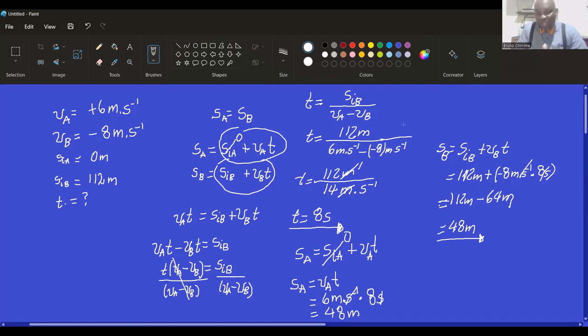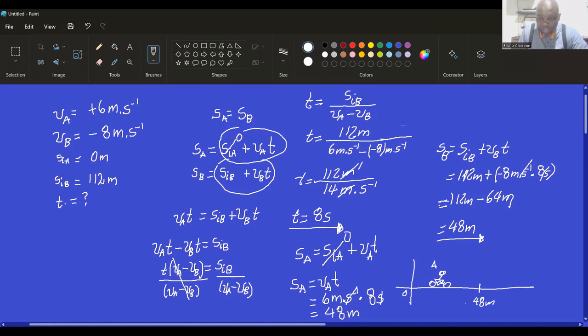So we can say cyclist A. There we have cyclist A going towards cyclist B. In this case, we'll choose him moving to the right. So that's the 48 meter mark where they will meet. Now, cyclist B, okay, that's the direction. Cyclist B is moving in the opposite direction, which explains the -8.